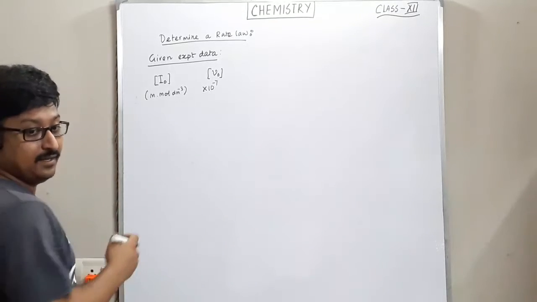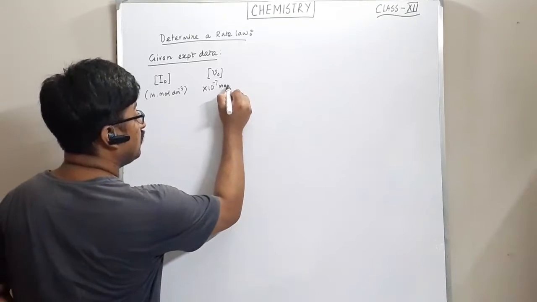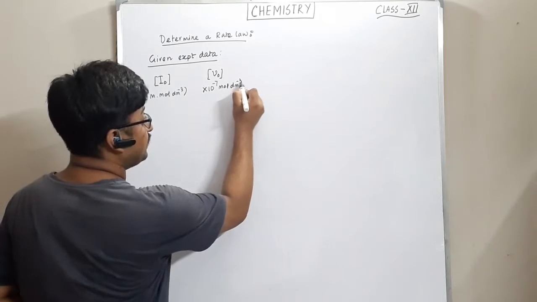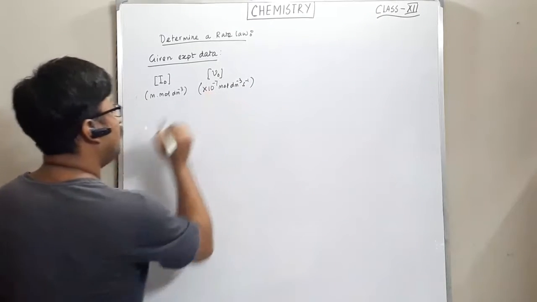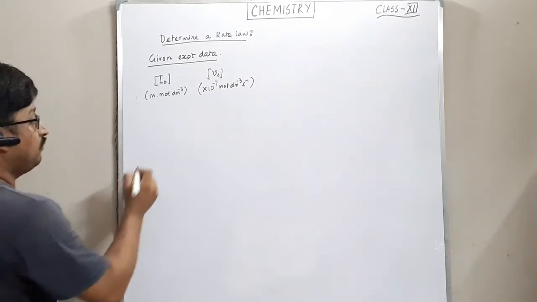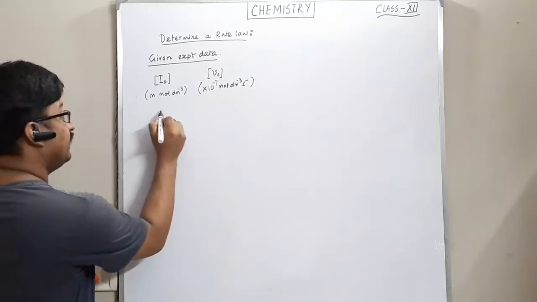The rate unit is mole decimeter minus 3 second inverse. Now, what are the data given?